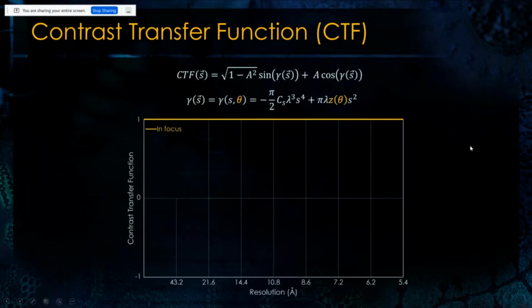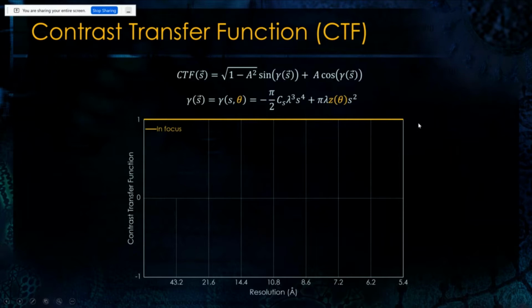If we could acquire our data in focus, ideally with a really thin sample, then there would be no modulation, and we would get 100% of our signal the way we would expect it. This is never quite true.